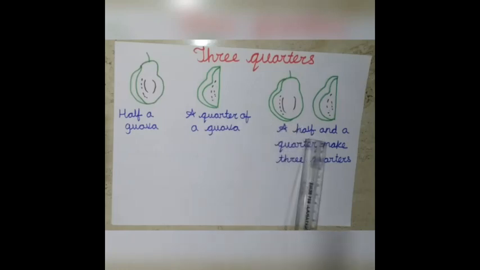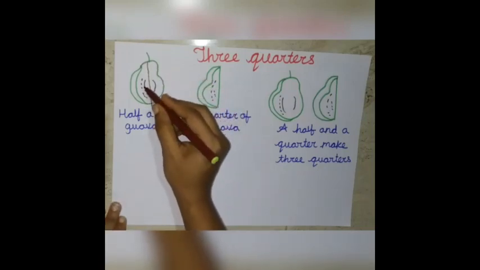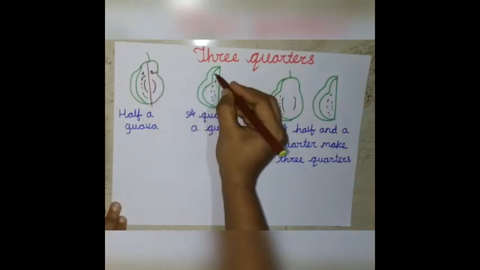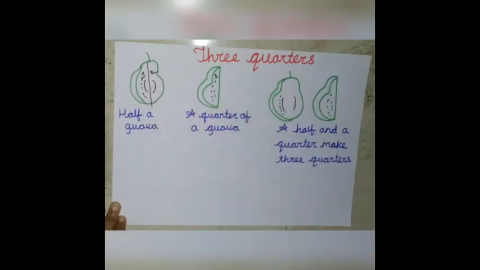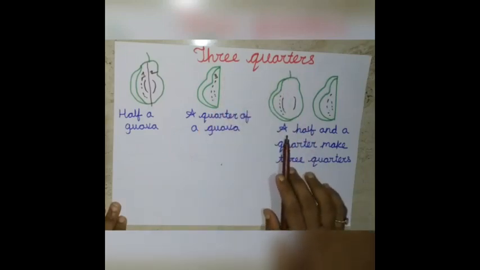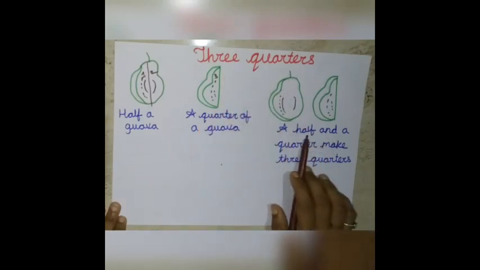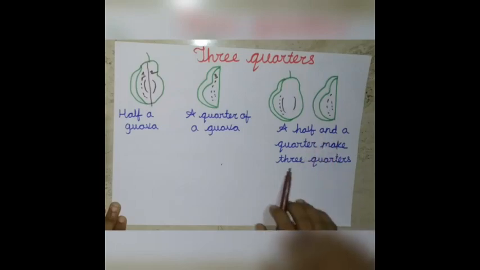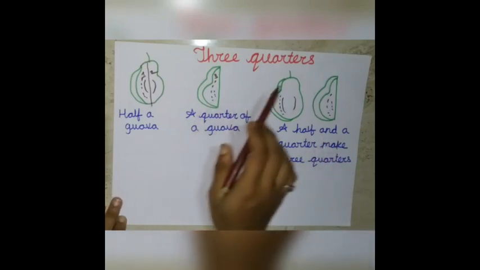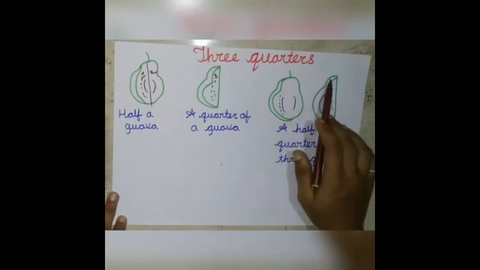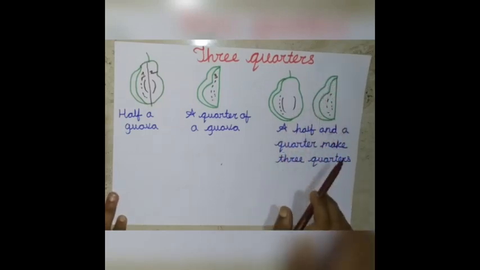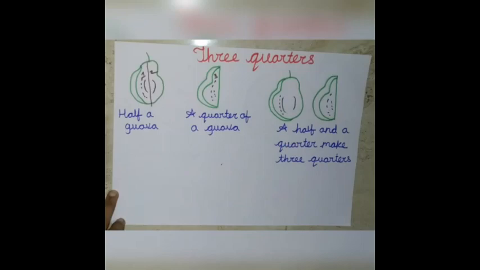A half and a quarter make 3 quarters because half means 2 parts, 1, 2, and this is 3, total 3 parts. We can say 3 quarters. So children, a half and a quarter make 3 quarters. एक आधा और उसी के साथ दूसरा क्वार्टर मिलकर बनता है 3 quarters.